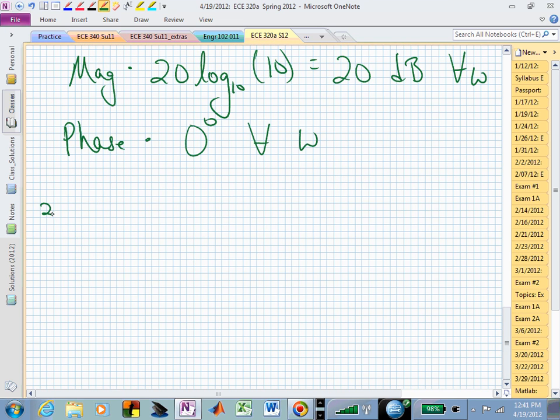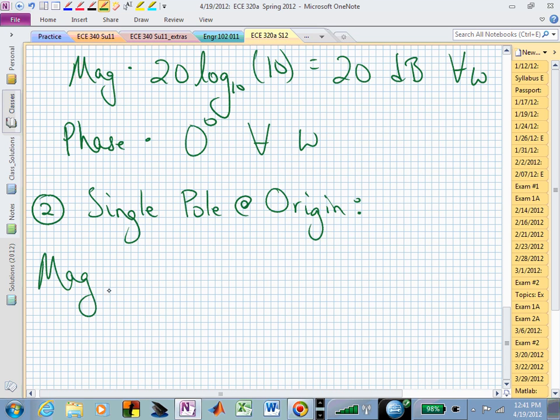Let's now look at the second piece. For whatever reason, I decided to look at the origin term next. The magnitude piece: what do I know is sort of special about poles or zeros at the origin? It never breaks, does it?